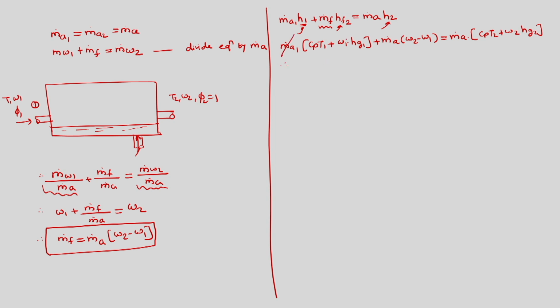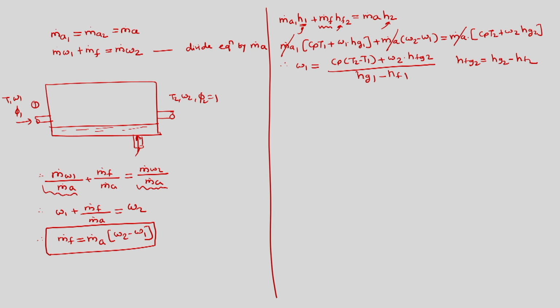So we can remove m dot A from all sides, and then we can put the expression in terms of omega 1 as: omega 1 becomes equal to Cp into T2 minus T1 plus omega 2 into Hfg2, divided by Hg1 minus Hf1. Here Hfg2 is equal to Hg2 minus Hf2.